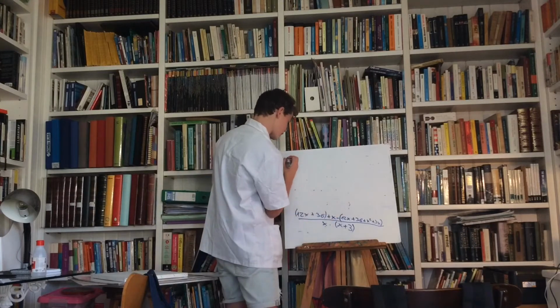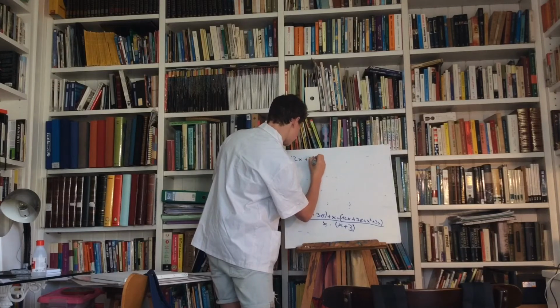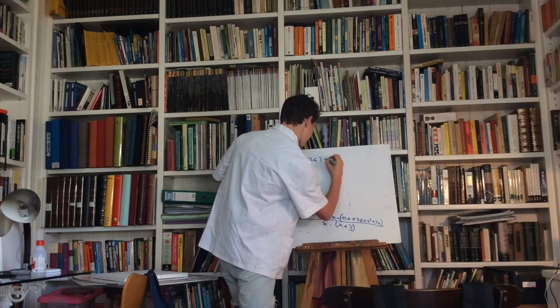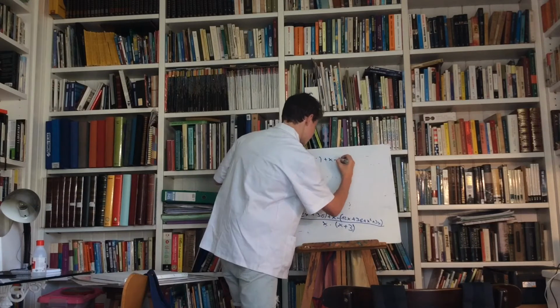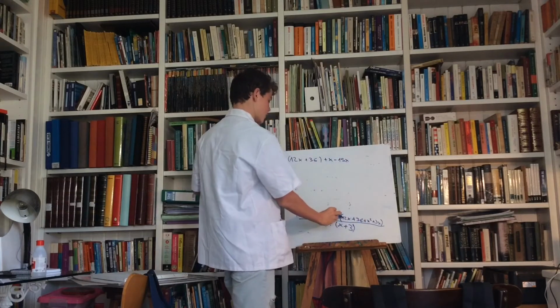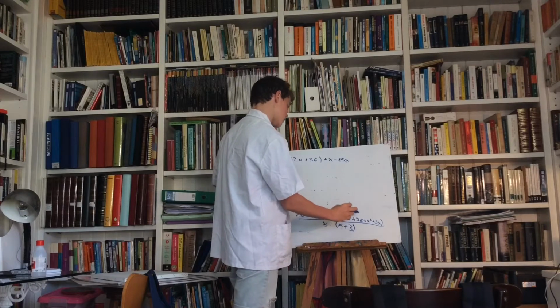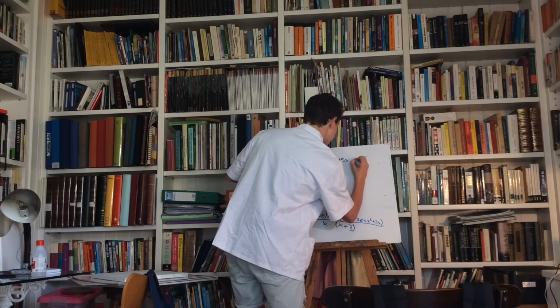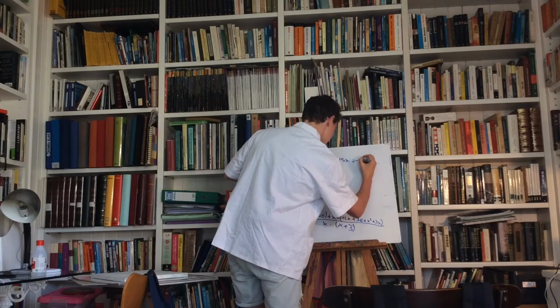Okay, so we have 12x plus 36 plus x minus 15x, so 3, that's 15, minus 15, and then plus minus 36.